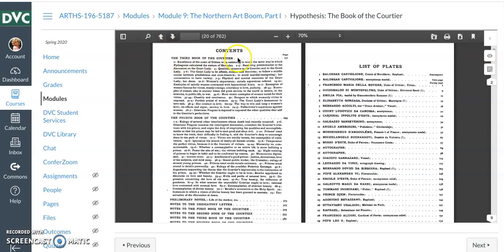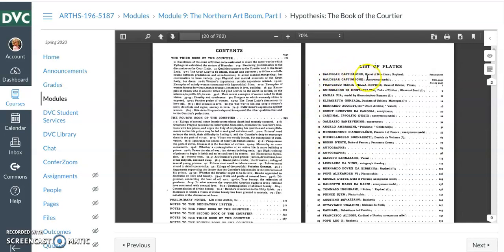You see the third book of the Courtier, the fourth book. There's also lots of images of the people who are discussing the Courtier, because this book is set up as a discussion among the aristocrats of Renaissance Italy.